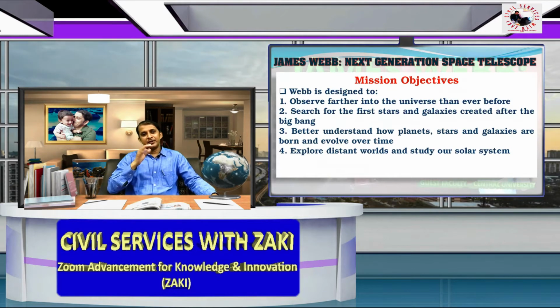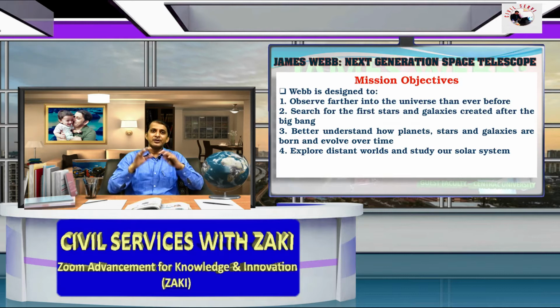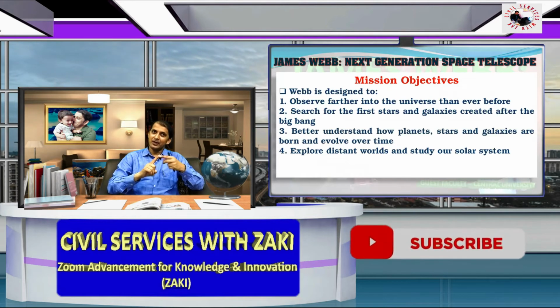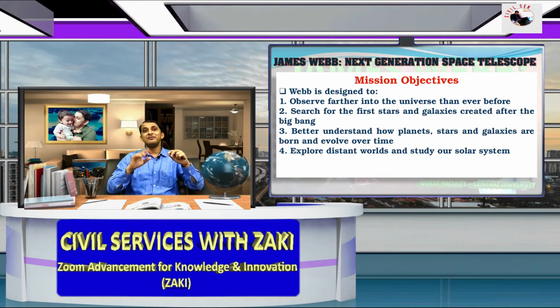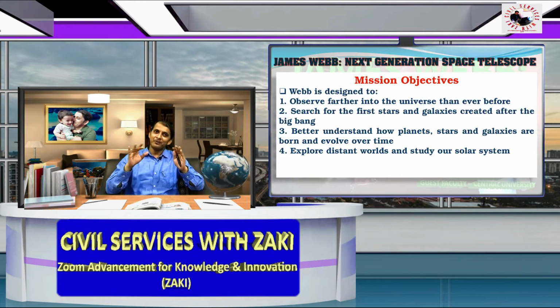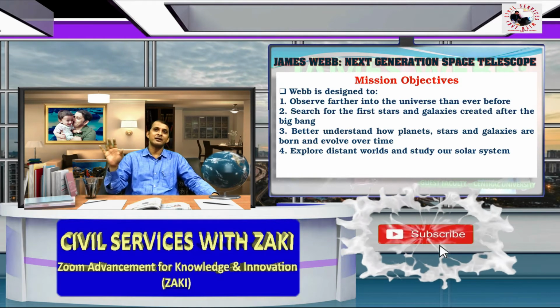Fourth is to explore distant worlds and study our own solar system. As you know, we still don't know much about our own solar system. That's why, in another video, you can see Planet 9, the mysterious planet of our own solar system. Astronomers believe Planet 9 exists in our solar system but haven't detected it yet.